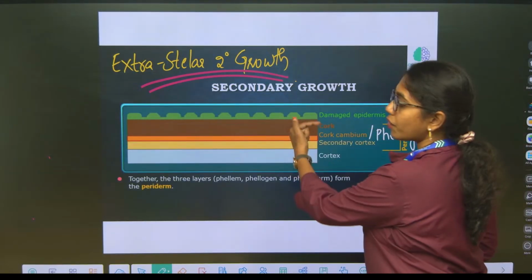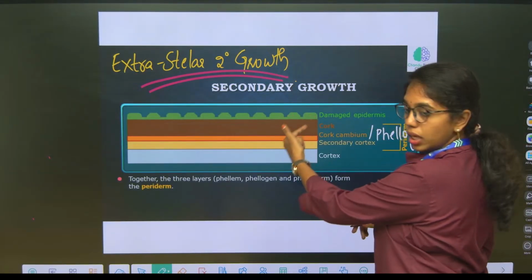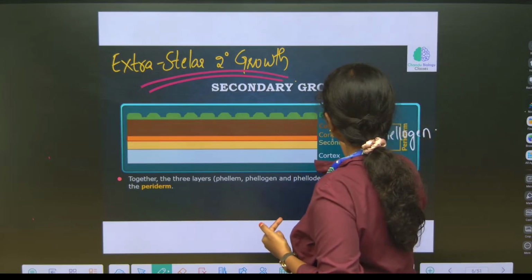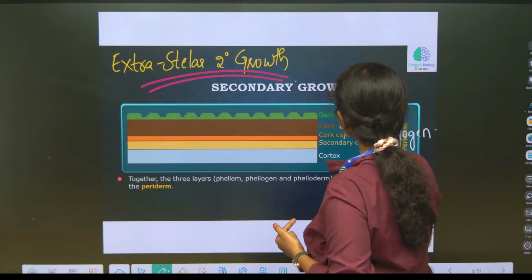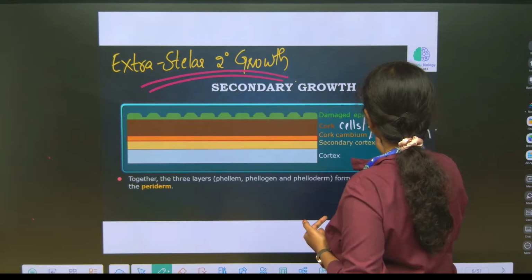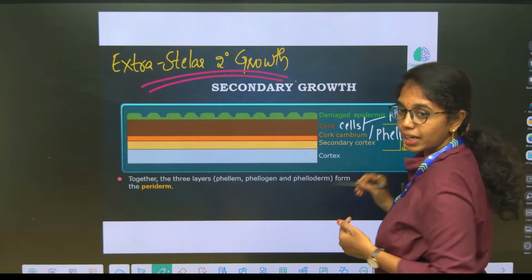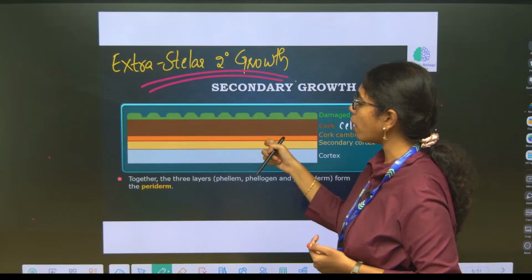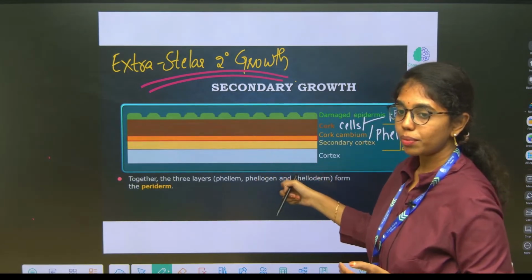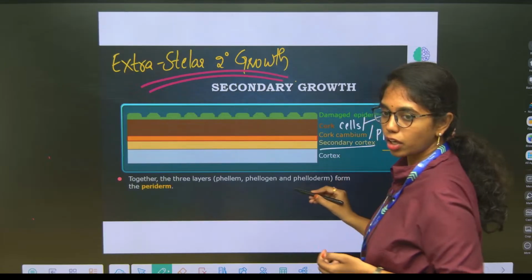Next, those fresh cells which are formed towards the epidermis, these are cork cells. Cork cells are also called phellum. And those new cells which are formed towards the endodermis, these are secondary cortex.